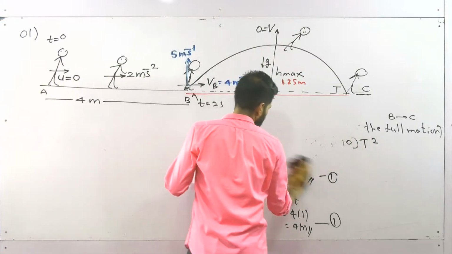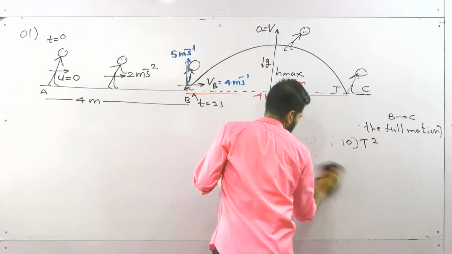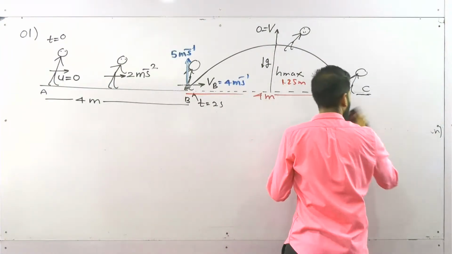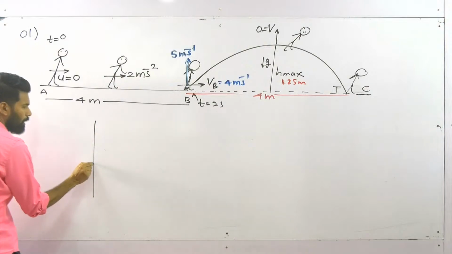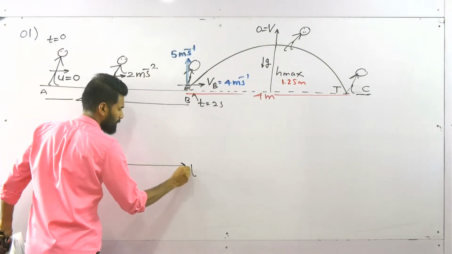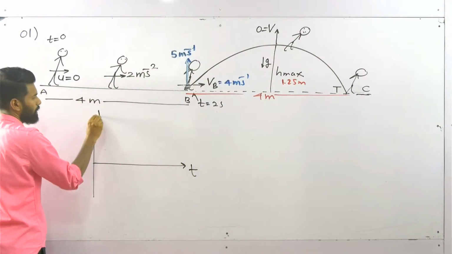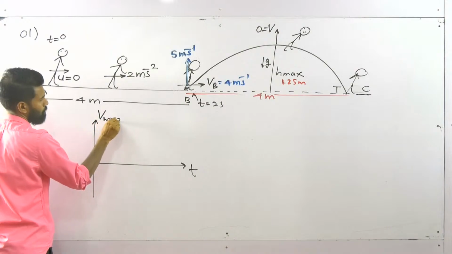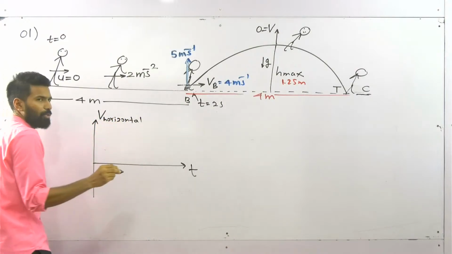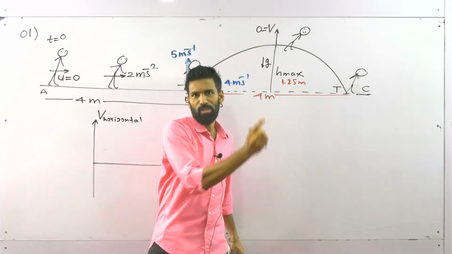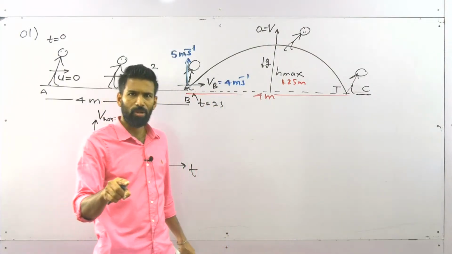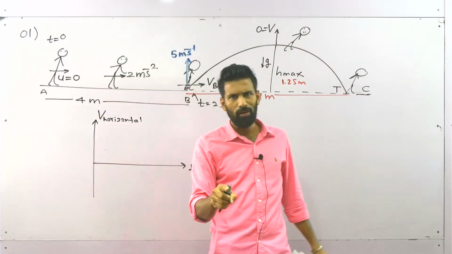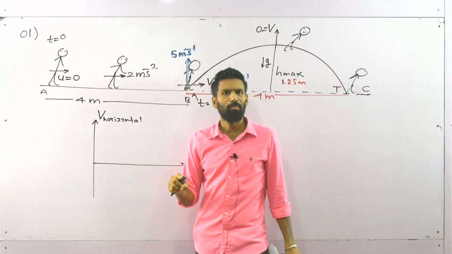Let's draw 2 graphs. The first graph is to show the horizontal velocity with time, V horizontal. Can you remember? She had the acceleration first from A to B. When she is having acceleration in a velocity time graph, acceleration is represented by the gradient.